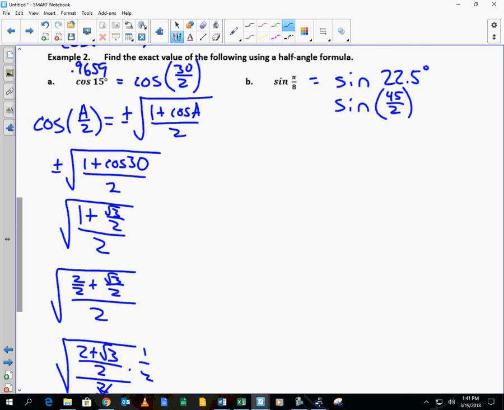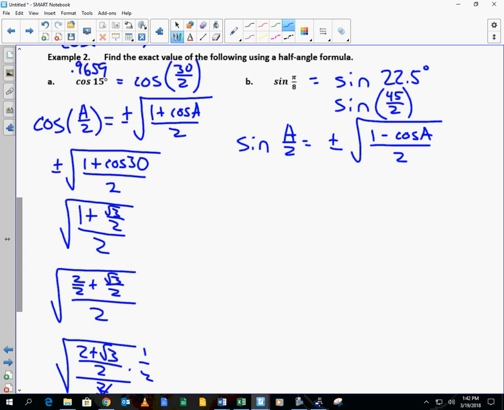Cool. Well, I've got a formula for that. Sine of an angle divided by 2 is equal to plus or minus the square root of 1 minus the cosine of the angle, divided by 2. So what goes in place of the angle here? 45. Sine of 22.5 is going to be positive or negative? Why?